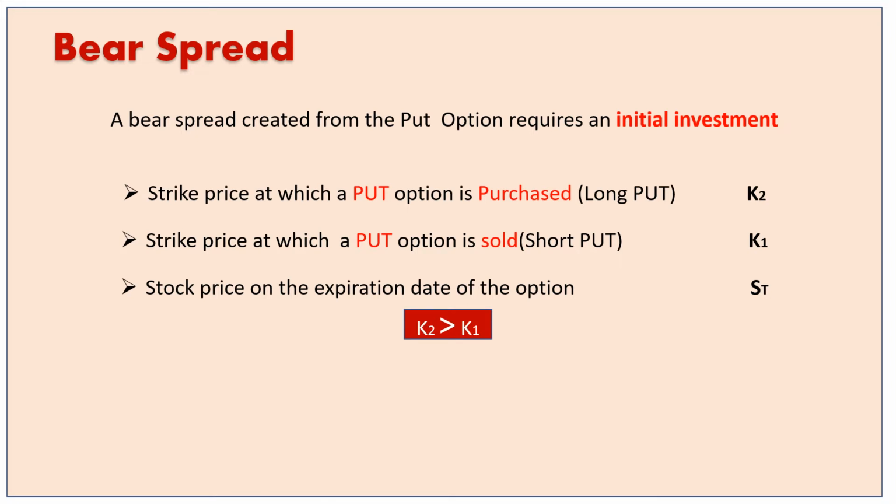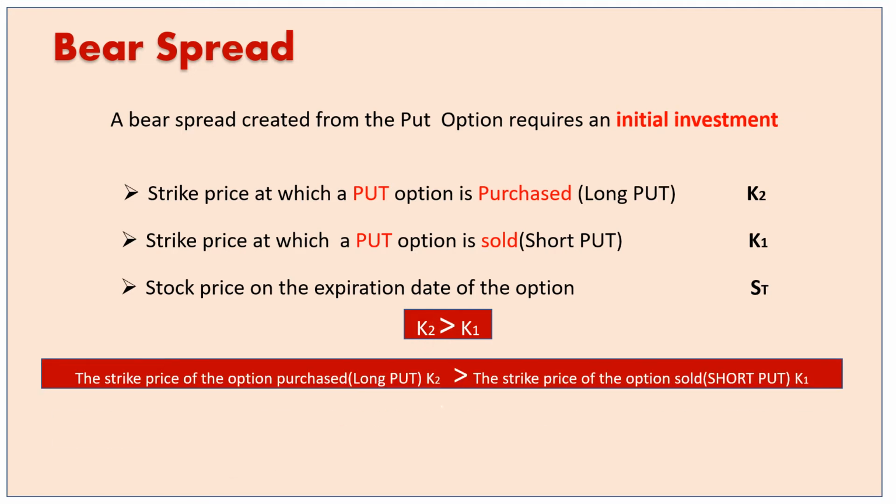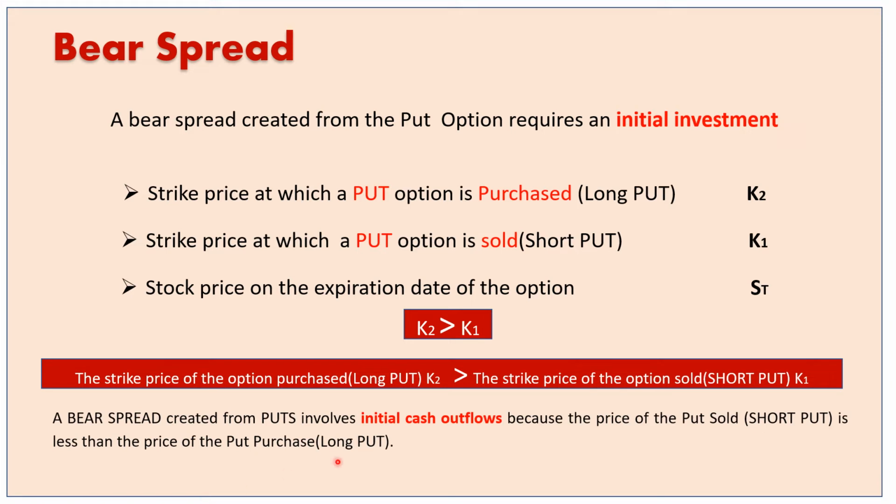This can be easily seen since the buying price is higher than the selling price, which leads to the initial cash outflow because the price of the put sold is less than the price of the put purchased.